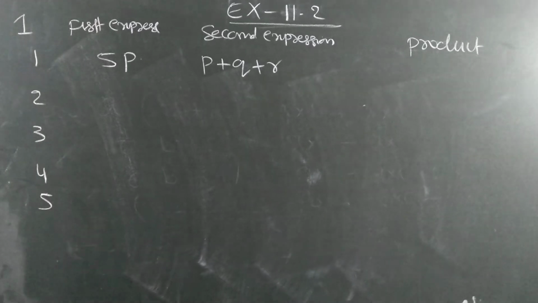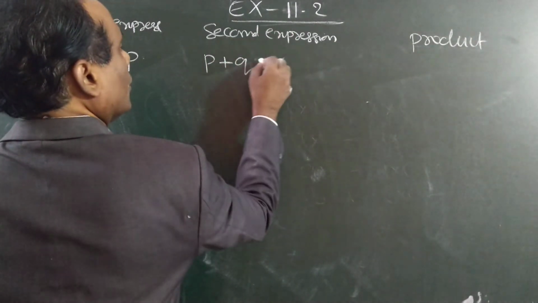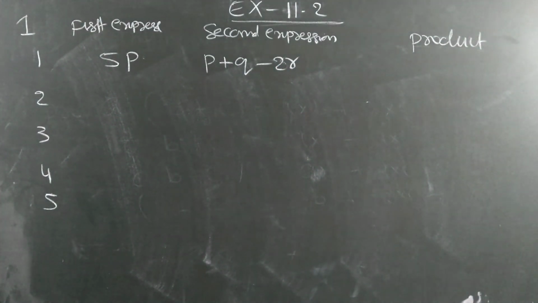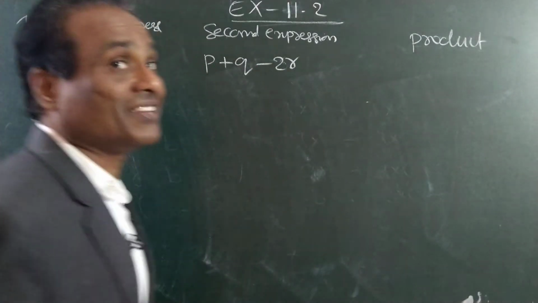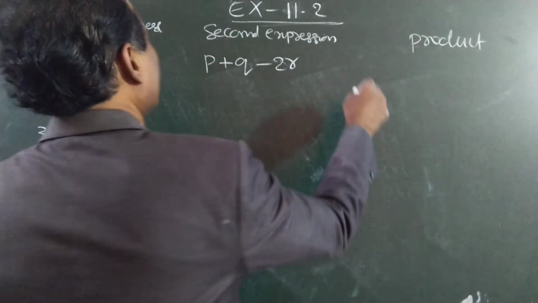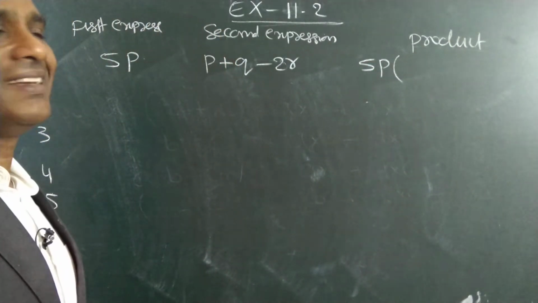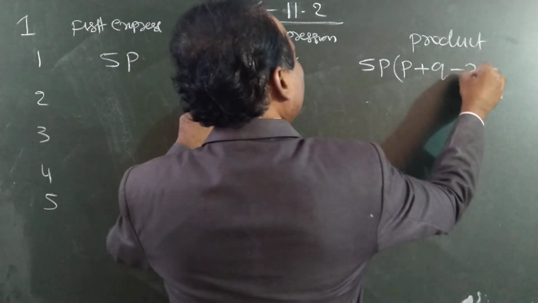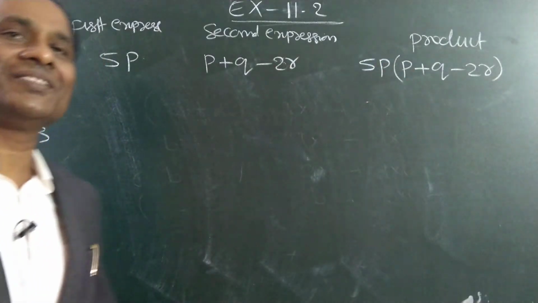Multiply these two. 5p into p plus q minus 2r. Students, do it. Product means multiplication. Bracket means into only. 5p into p plus q minus 2r.